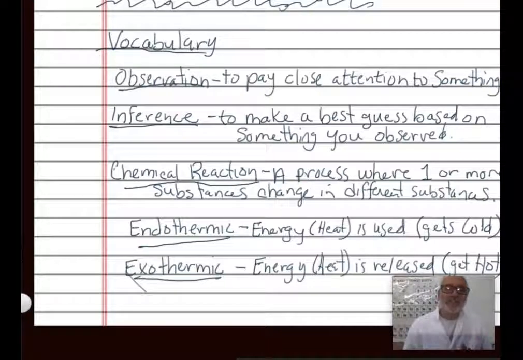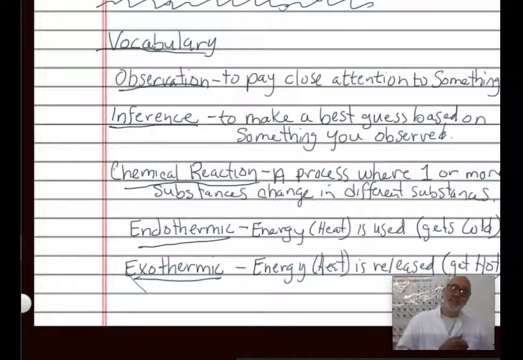Observation, pay close attention to something. Inference, to make a best guess based on something you observed. So far, so good? Good. Chemical reaction is a process where one or more substances, or chemicals, change into different substances, or chemicals. Endothermic is energy, which could be in the form of heat, is used, and the reaction gets cold.